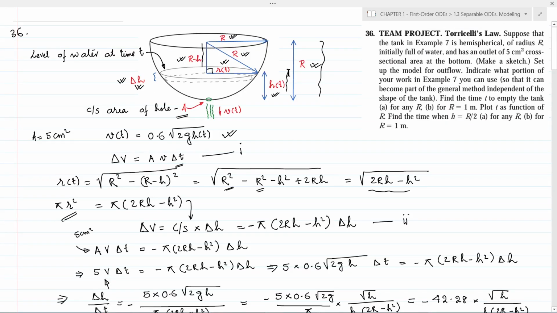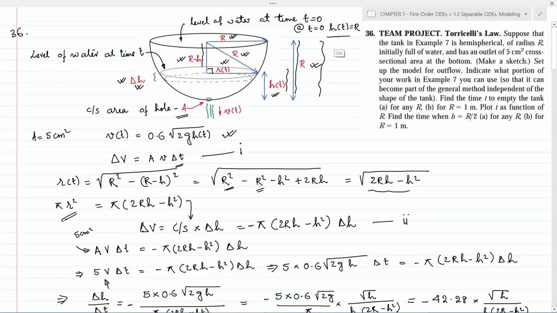Now, initially the hemisphere was full of water. That means at time t equal to 0, h of t is equal to r, because at time t equal to 0, this will be the level of water. So, at t equal to 0, h of t must be equal to r, because this total height is r.